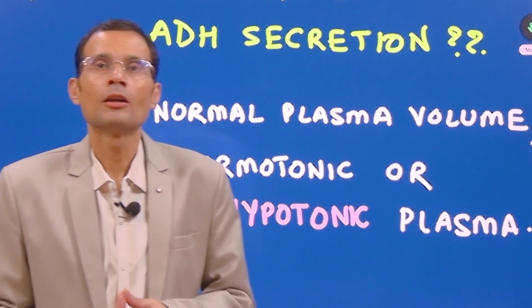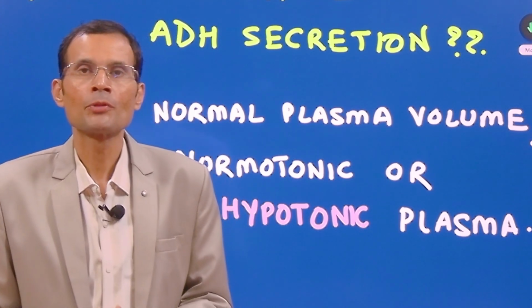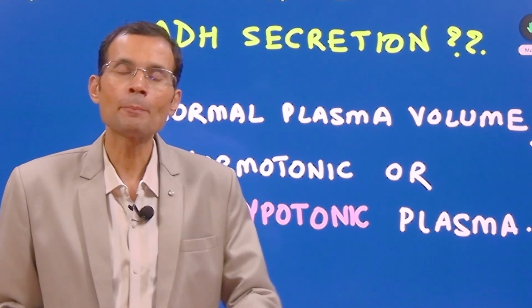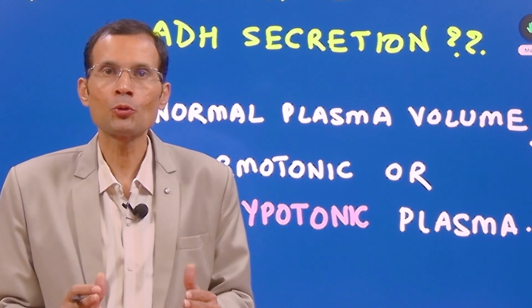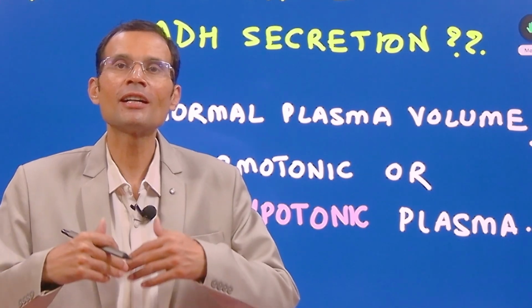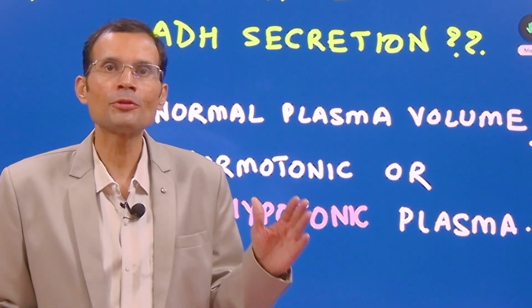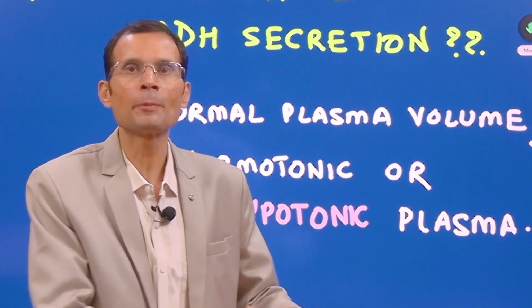First of all, we already are aware that for any hormone, the disorders are of two types, hyposecretion and hypersecretion. So the first point that you can remember is that hyposecretion of the ADH results in what is called diabetes insipidus.